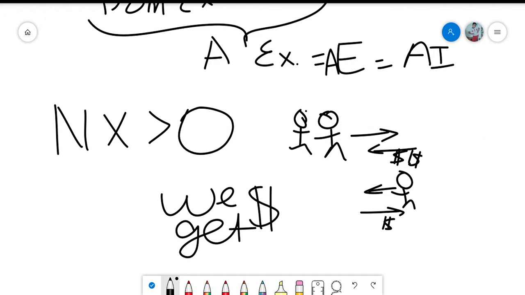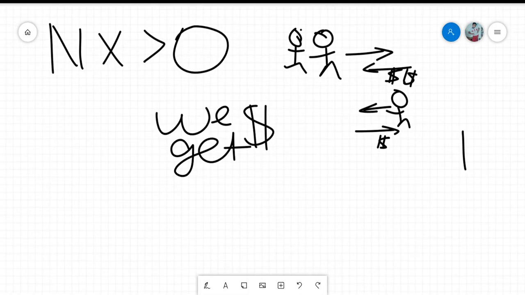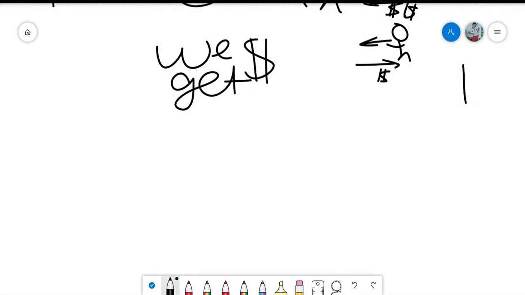So if we get more money, that means income is big. Income is greater than domestic spending. If we're getting more money, we're getting a lot of income, we're rich.